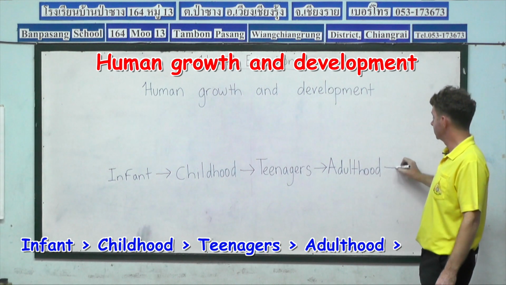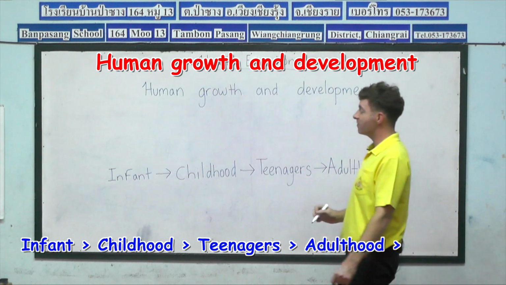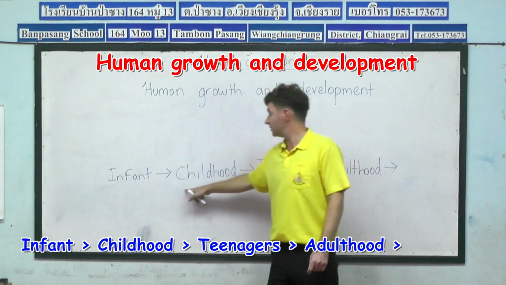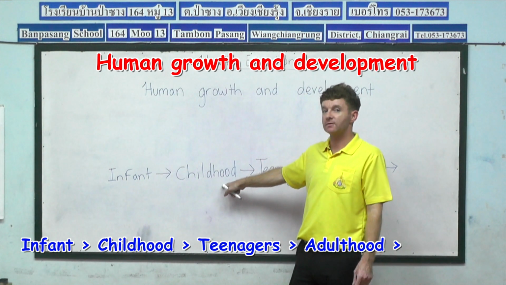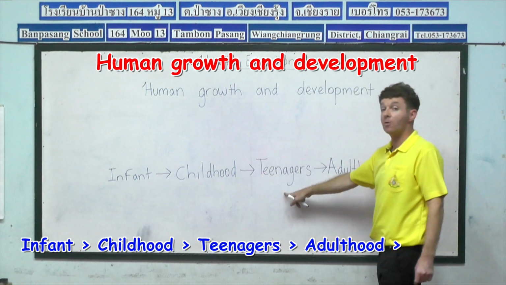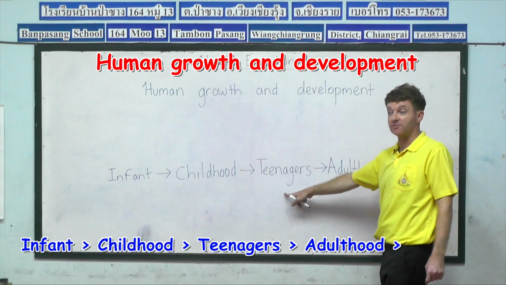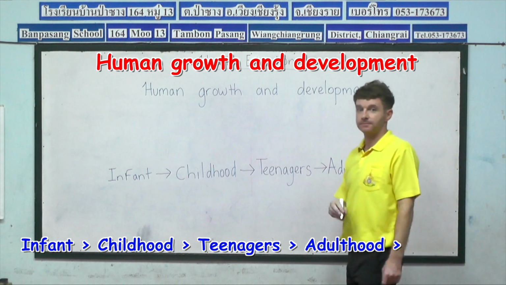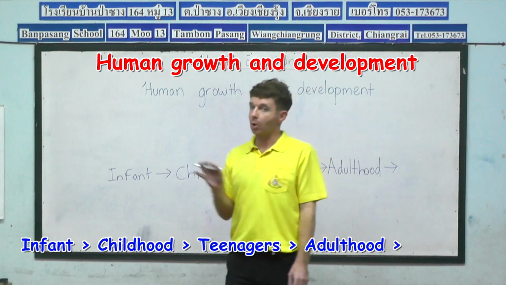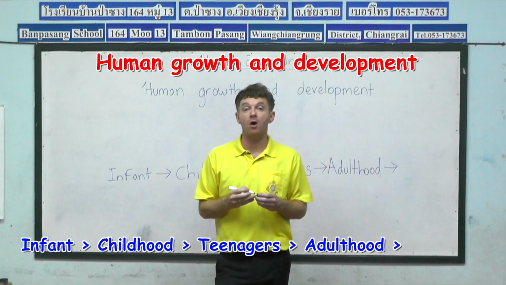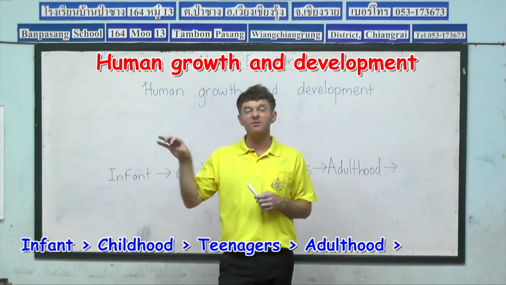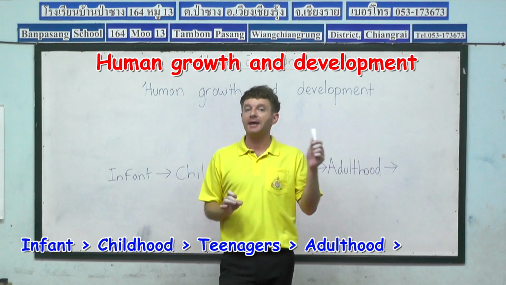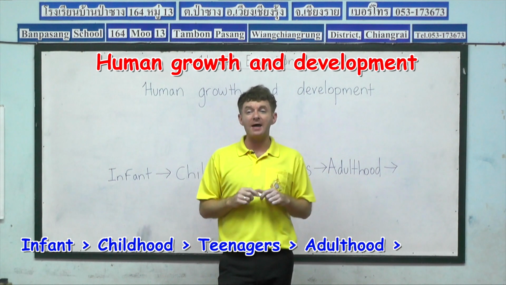So far, when we're first born, we are infants. And then childhood. And after that, teenagers. And then adulthood. But then, hopefully, we will reach a period in our lives, usually 60 plus. Once we reach the age of 60 and get older, we're no longer adults.